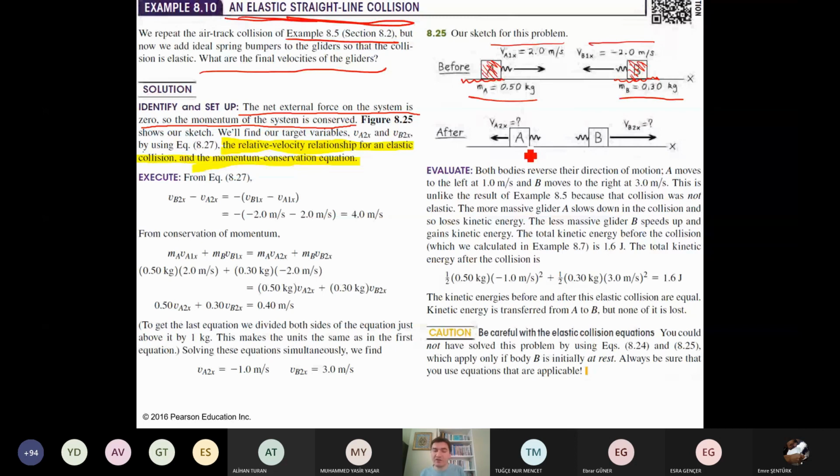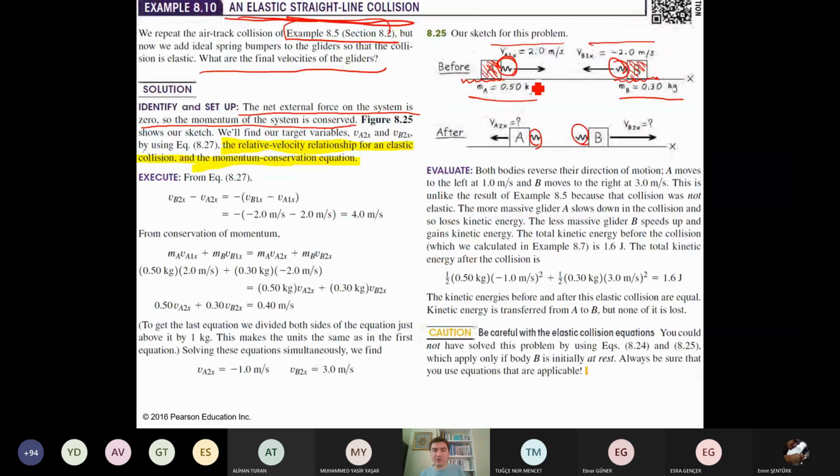At what conditions momentum is conserved? If there is no external force acting on this system, momentum is conserved. Okay? If there is no force acting on this system, then momentum is constant. So here, there is a weight acting on this box.